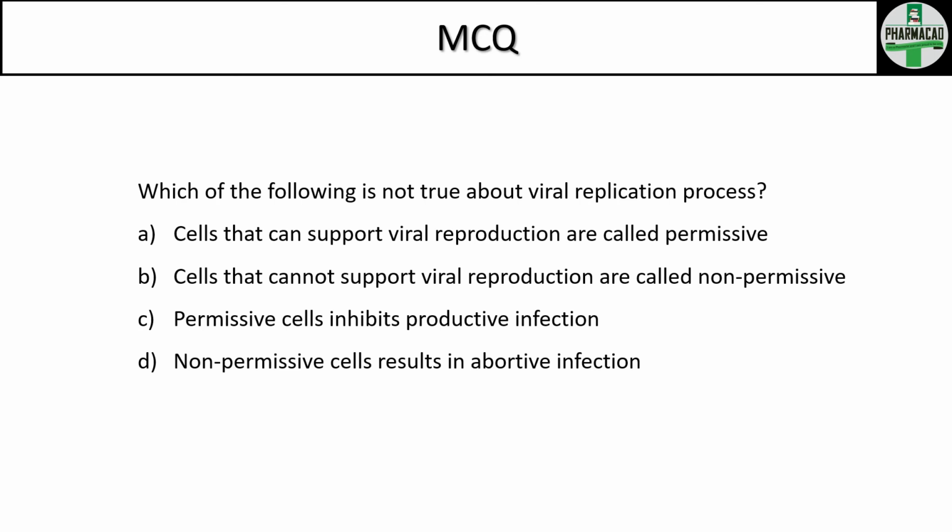D: Non-permissive cells result in abortive infection. The correct answer is C, that is permissive cells inhibit productive infection. It is actually causing productive infection where one viral particle is replicating and forming many newer viruses.